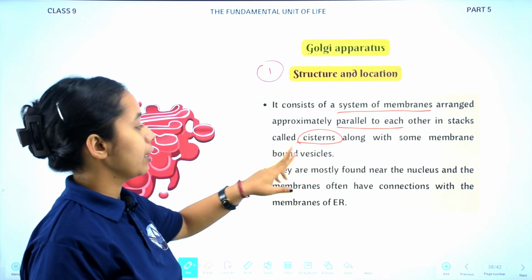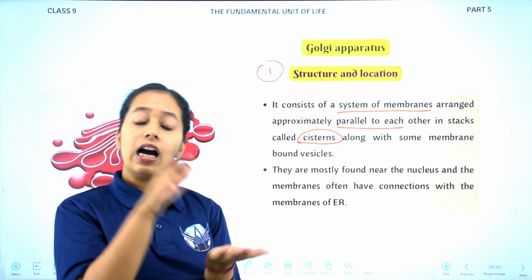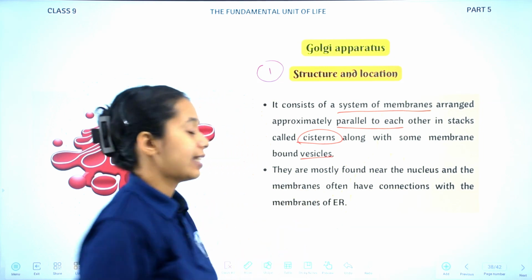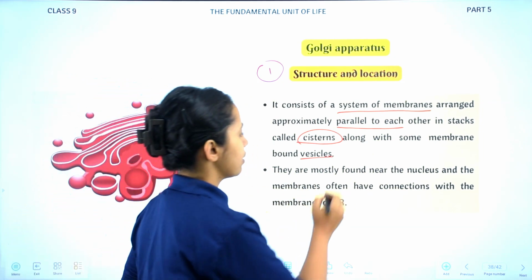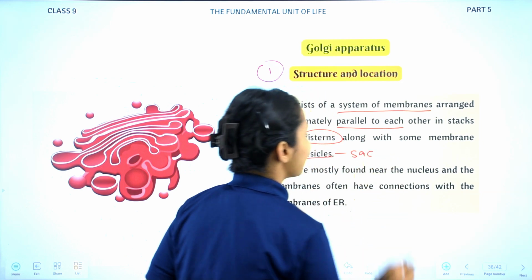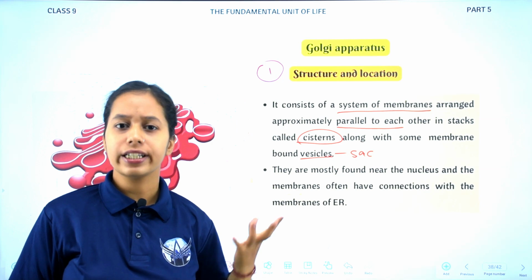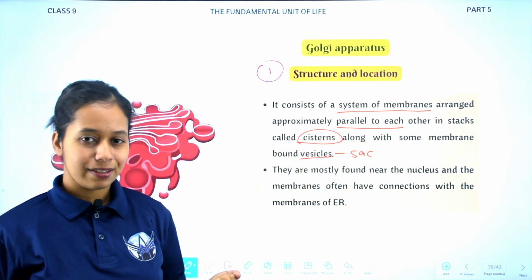Along with these stacks of membrane, we will find some membrane bound vesicles. What do we mean by vesicles? In short, vesicles are sac-like structures, mostly filled with fluid or liquid.